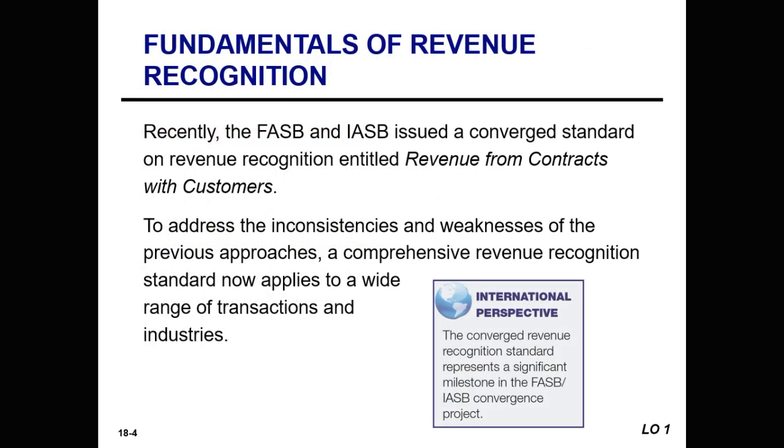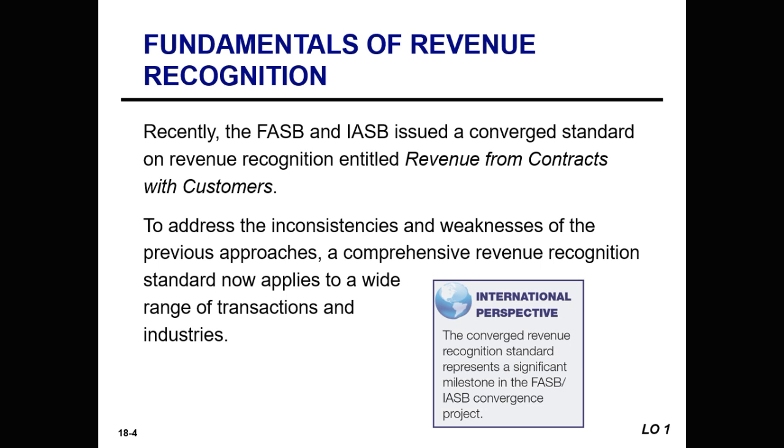So, relatively recently, FASB and IASB issued a converged standard on revenue recognition entitled Revenue from Contracts with Customers. And the reason they did this was to address some inconsistencies and weaknesses of vast previous approaches and standards. A comprehensive revenue recognition standard now applies to a wide range of transactions and industries.